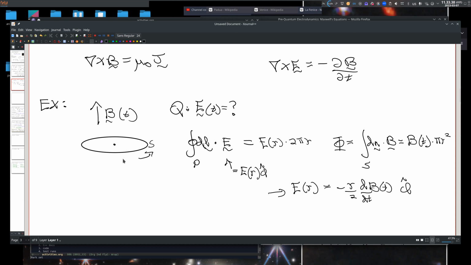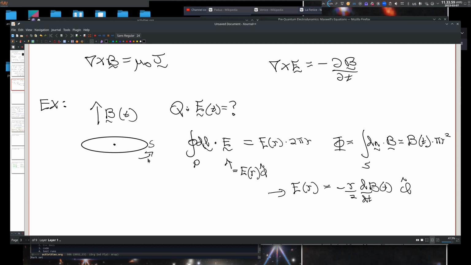Conversely, if I imagine having a certain current going through my loop here, the current that would generate a magnetic field also going in the Z direction, in this case here. Okay, so that's how you work it out from the basic geometry.